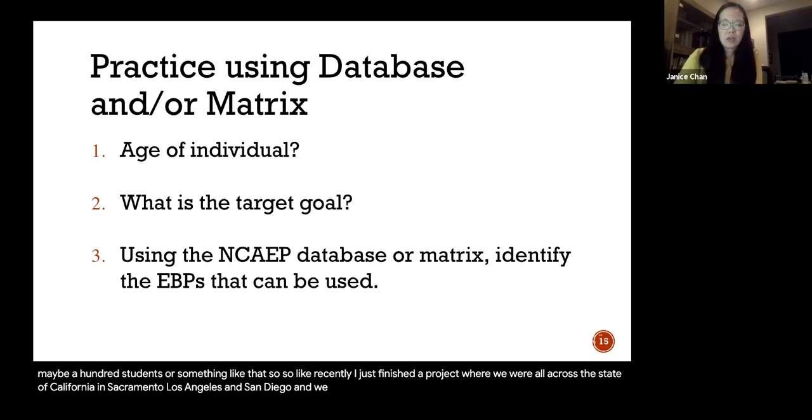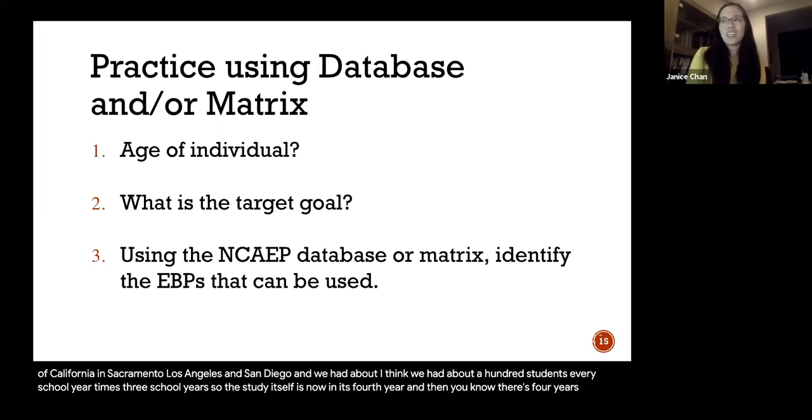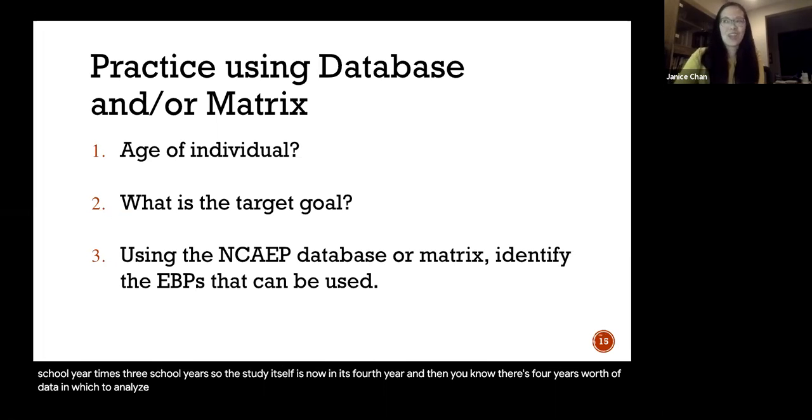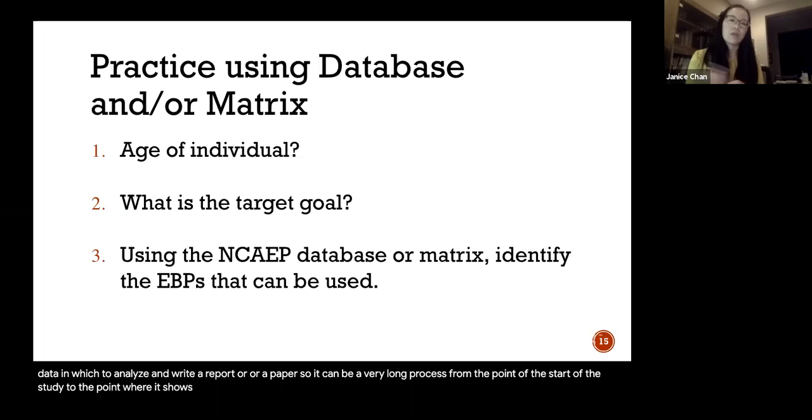We had about 100 students every school year times 3 school years. So the study itself is now in its 4th year, and there are 4 years' worth of data to analyze and write a report or paper. It can be a very long process from the start of the study to the point where it shows up on one of these resources. Right.